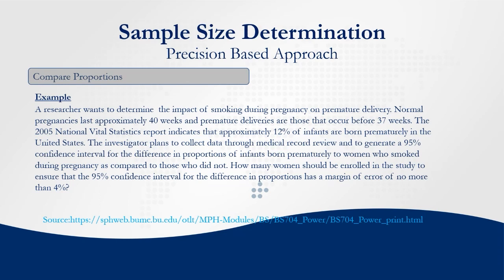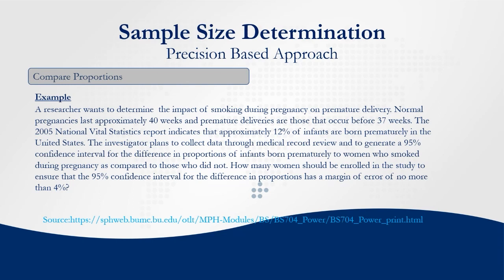And then once it has more than two variables, it will become a logistic regression because your outcome is binary. It's whether you gave birth prematurely or not. That's the outcome. Then the risk here is whether you are a smoking mother or not.